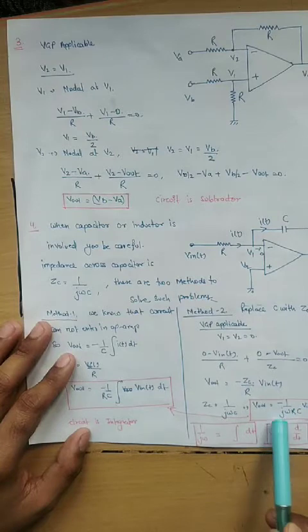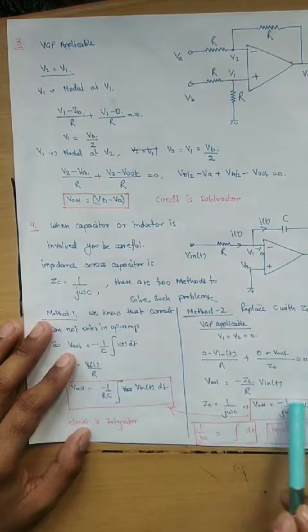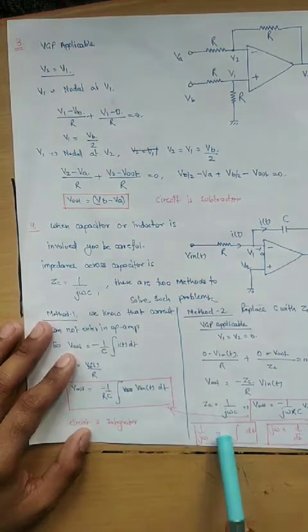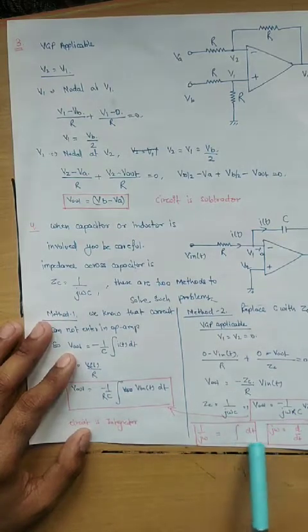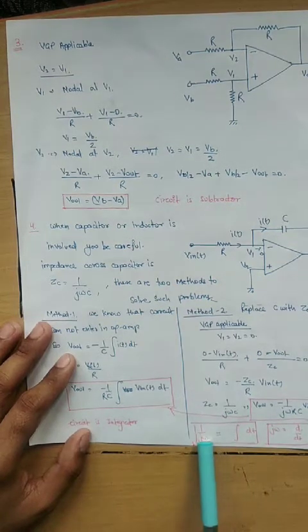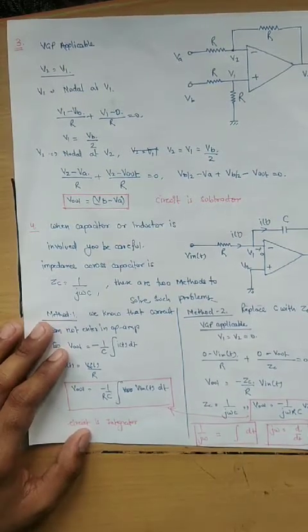Put it here. Whenever you find 1 upon j omega, where omega is frequency, you can replace 1 by j omega with the integration sign. Always remember, in electronics or electrical, that 1 by j omega is in frequency, while integration is in time. Time and frequency are related to each other.